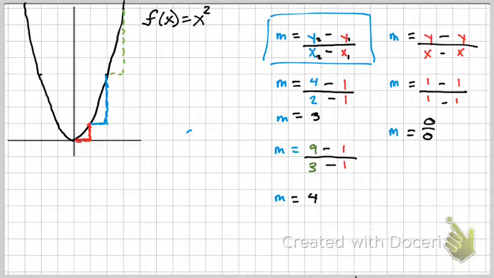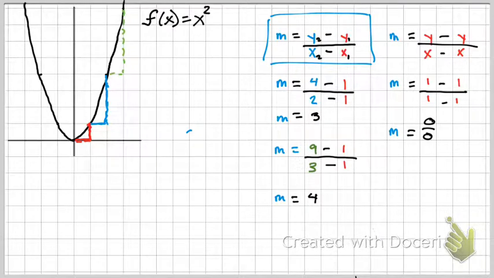But let's say you keep using the same point, 1, 1, but then you use the point 9, 3, you get the slope of 4. And obviously that's not the same slope. So clearly there's something going on here. What you can tell by this is that you're not actually getting the real slope of the line, because you can get different slopes for the same point, and that doesn't make any sense.